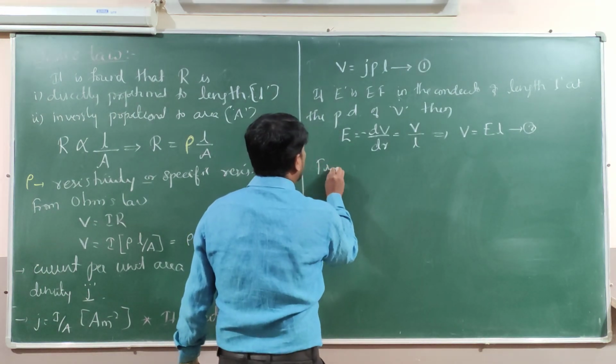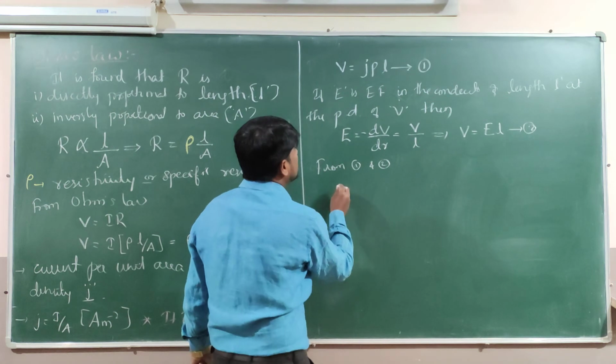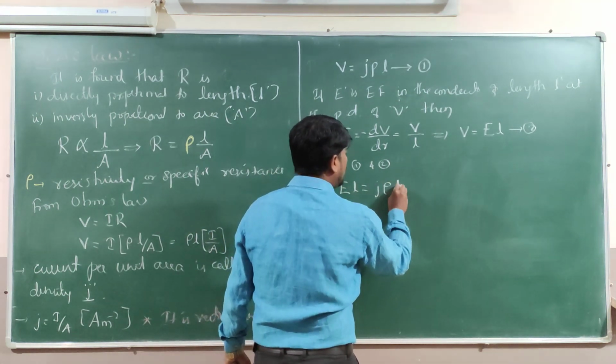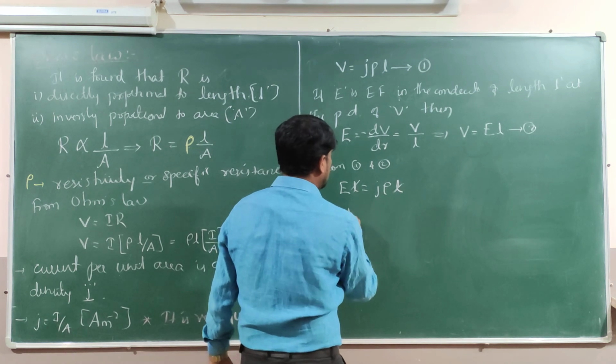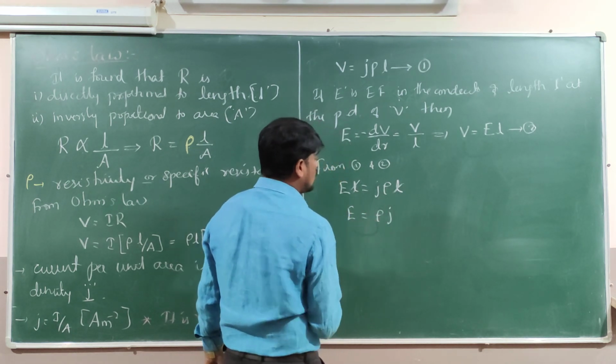From 1 and 2 I can write EL is equal to J into rho into L. L will get cancelled. So E is equal to rho into J. Bring this rho this side.